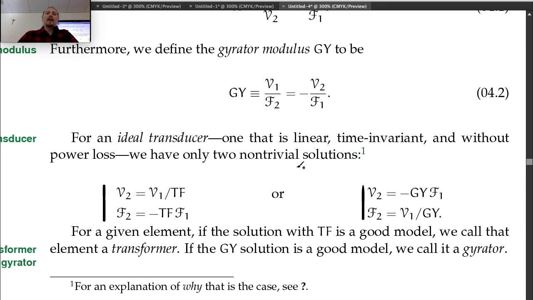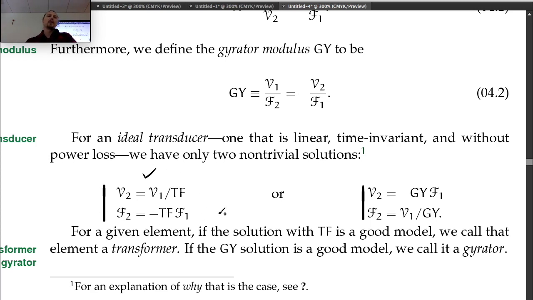So if you have a relationship where the across variables are related and the through variables are related, then this is a good model for your element, and so you could use what's called the transformer model, which is the left-hand side.